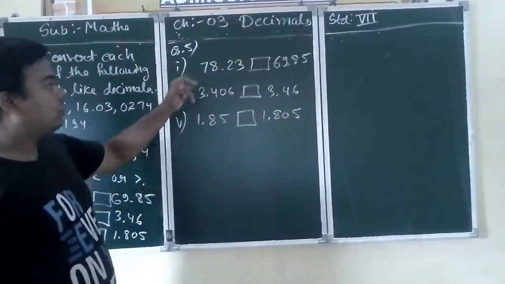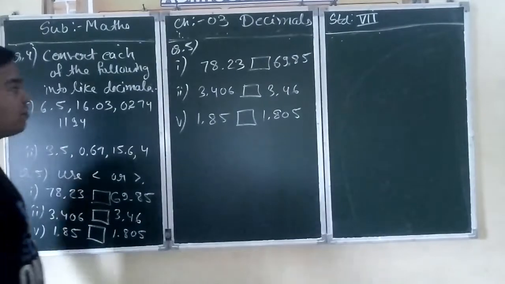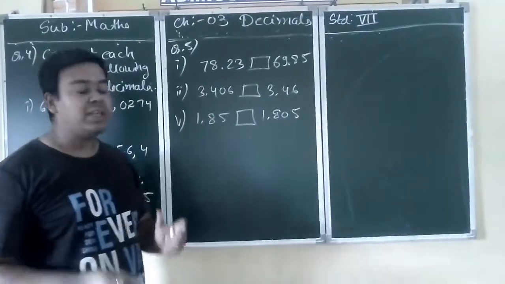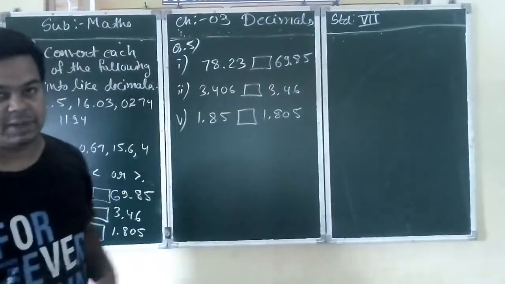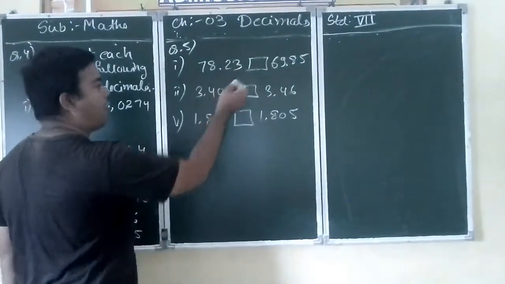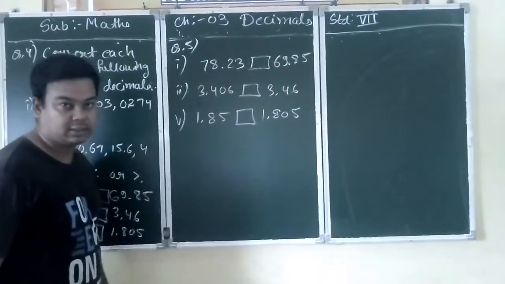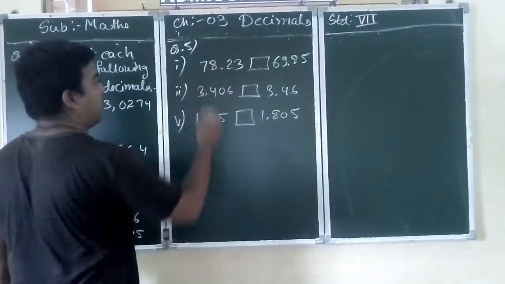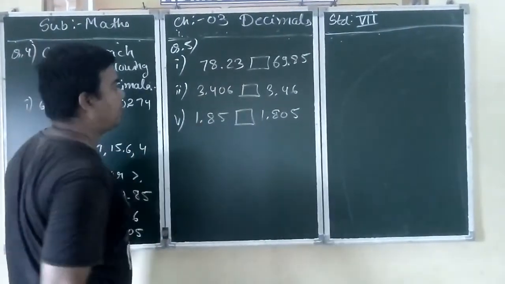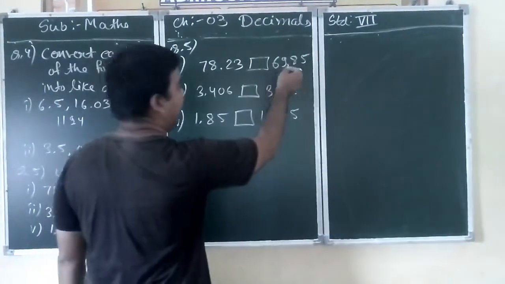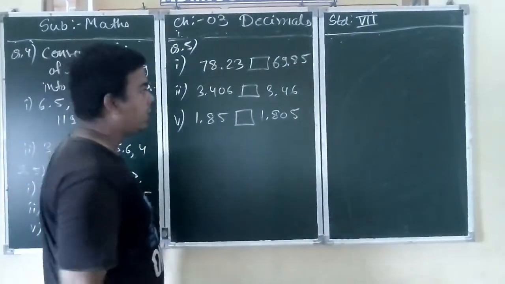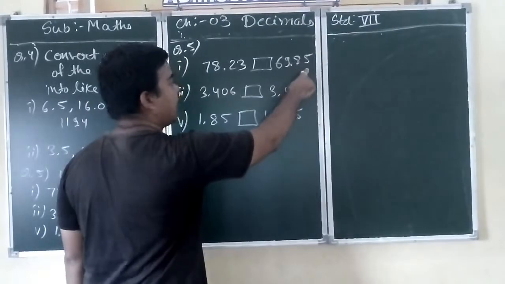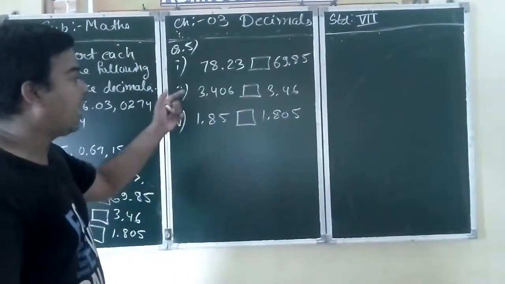First of all see the numbers. Before comparing, we always check that the decimal numbers are in like decimal form. Like decimal form means after the decimal point the decimal places are the same. So 78.23 and 69.85, tenths and hundredths, yes, so they are like decimals.